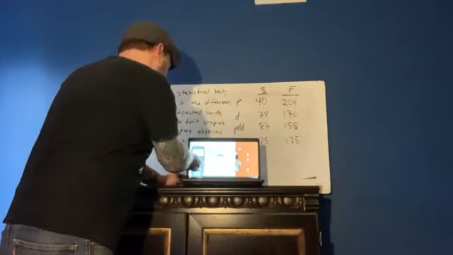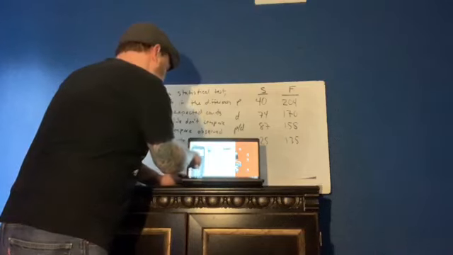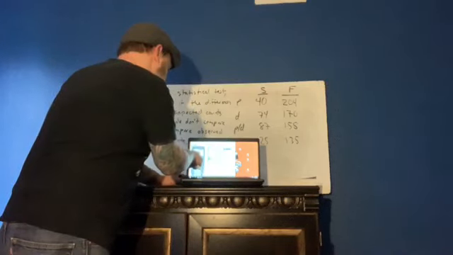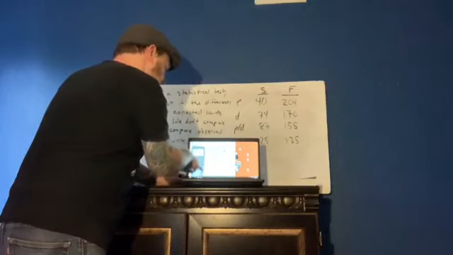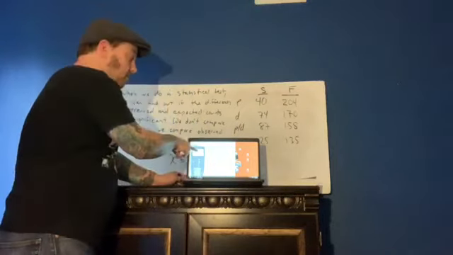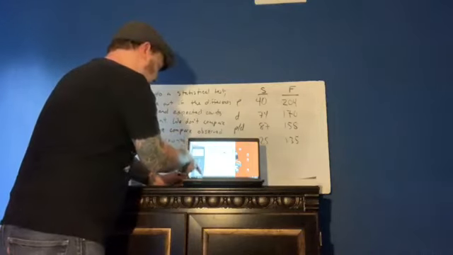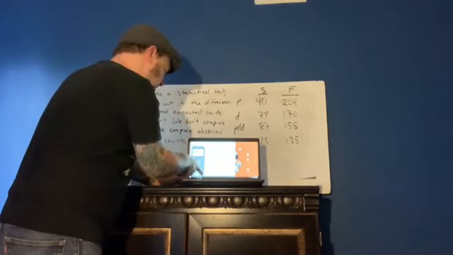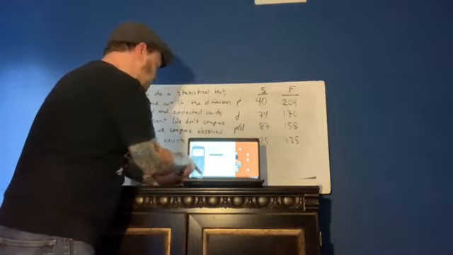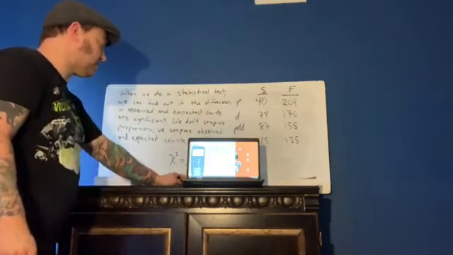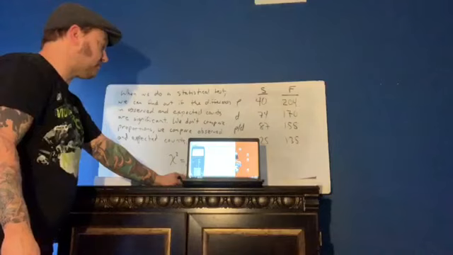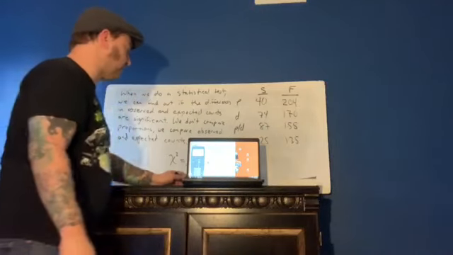Now, let's go back to our chi-square test. So Stat, go over to Tests, chi-square test, observed in matrix A. This is going to put the expected into matrix B. Calculate, and let's see where we're at. Chi-square equals 34.937.